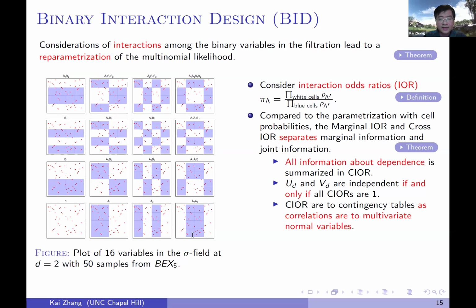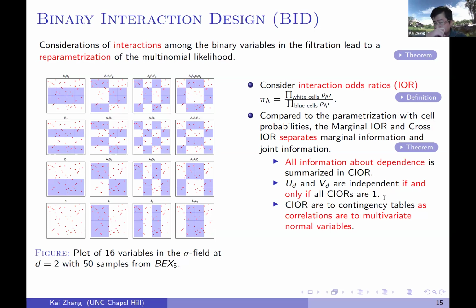However, if you look at those so-called cross interaction odds ratios involving both A's and B's, then contrasting the white region to the blue region is providing you information about the joint distribution, the relationship between X and Y. Indeed, we have a theorem showing that all the information about dependence is summarized in these cross interaction odds ratios, and U_d and V_d are independent if and only if these cross interaction odds ratios are ones. The white and blue are balanced.